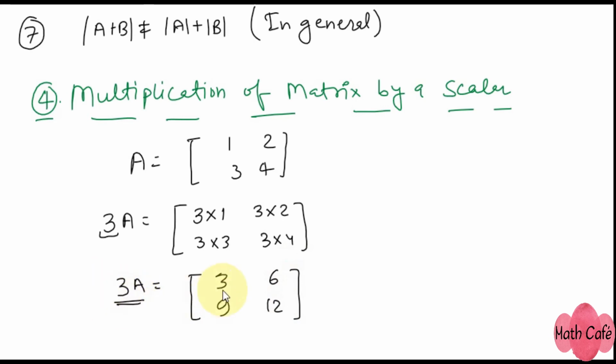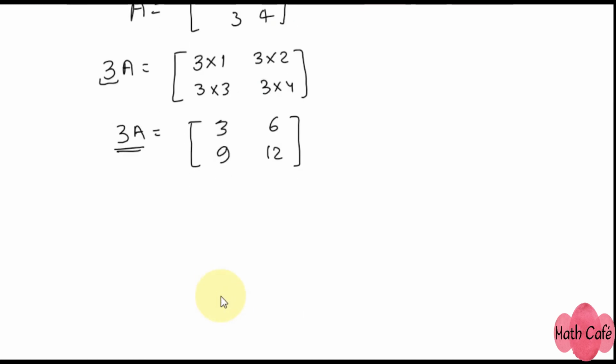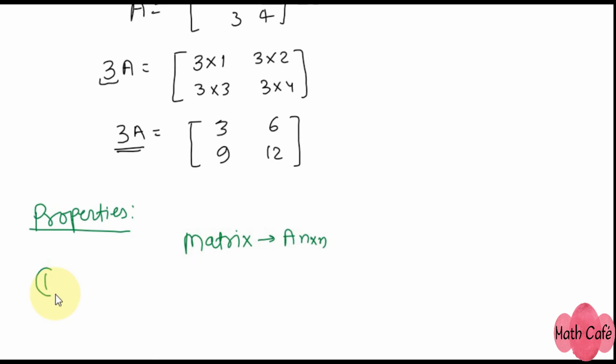Alright, so if we are multiplying any matrix by a scalar, then the scalar quantity will be multiplied by each of the elements. Let's see some properties based on multiplication of matrix by a scalar. In each of the properties, we will take a matrix A of order n cross n.